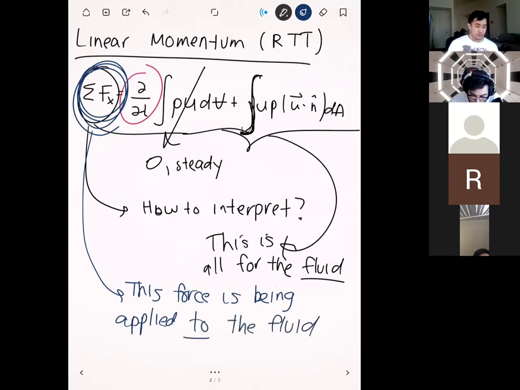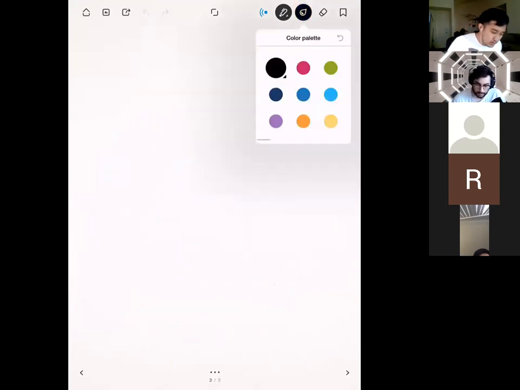So it's not the force on the structure, it's not the force on an object, it's actually the force on the fluid. If you have a situation where the fluid is accelerating, going from a lower velocity to a higher velocity, that means the force on the fluid has to be in that same direction because you're accelerating the fluid that way. So let me draw a very simple example of this.